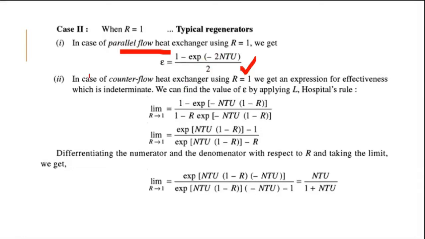Now we will talk about the counter flow heat exchanger. This was the relation for the counter flow heat exchanger. Here we need to put R equal to 1. So if we put R equal to 1, see what we are going to get: exponential of minus NTU multiplied by 0, which is nothing but exponential of 0, or 1, and 1 minus 1.